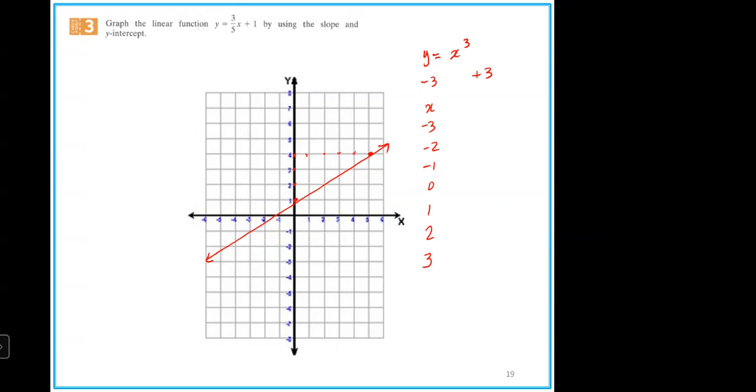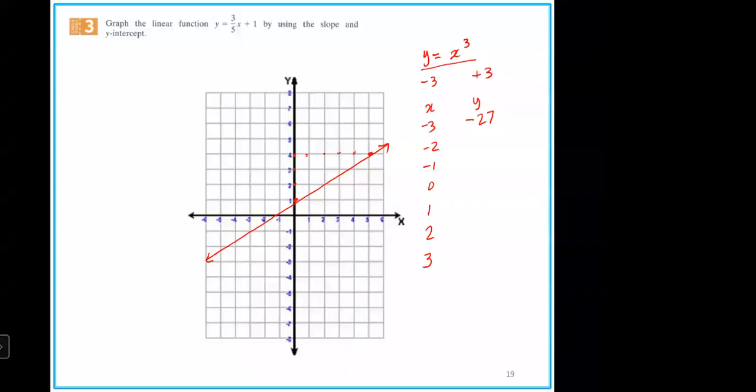So when you cube this, that means you're going to multiply it by itself 3 times. So if x is equal to -3, y would be -3 times -3 times -3, which is -27.